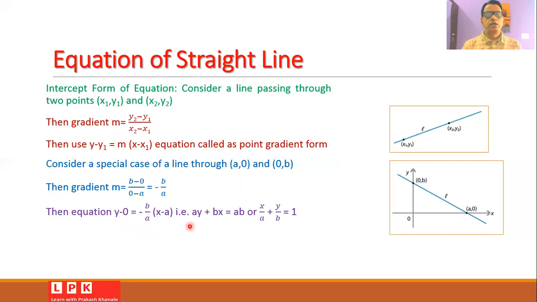That is nothing but ay plus bx is equal to ab, or the same can be written as x divided by a plus y divided by b is equal to 1. So this is another form of the equation for the straight line, and this form is called the intercept form of the equation. So whenever we write any equation for the straight line, it means that we are describing the line or the algebra associated with the line.